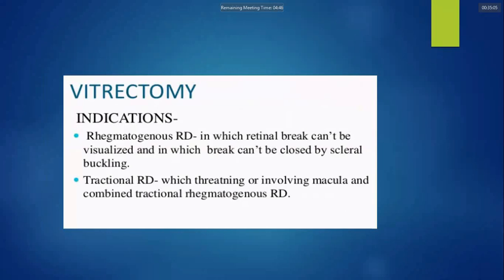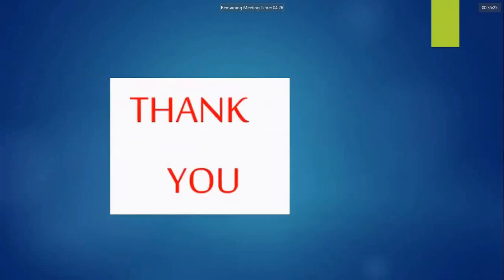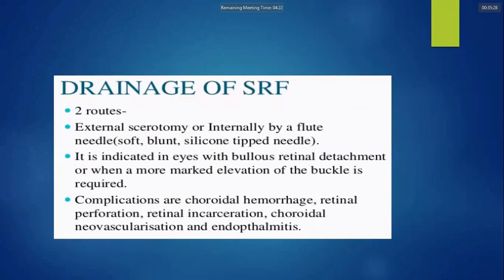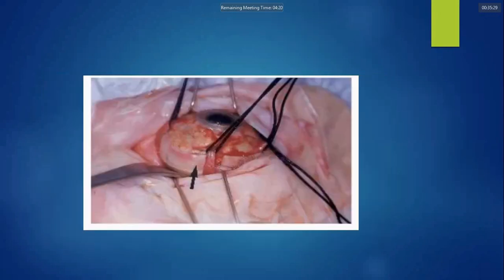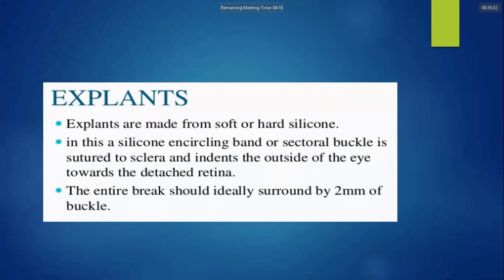And nowadays many vitreoretinal surgeons prefer vitrectomy rather than scleral buckling. So this has become the treatment of choice. The indications are that it is used in rhegmatogenous as well as traction retinal detachment. So this is how we complete retinal detachment, but rather than the treatment portions, you should know something about the signs and symptoms and what retinal detachment is.